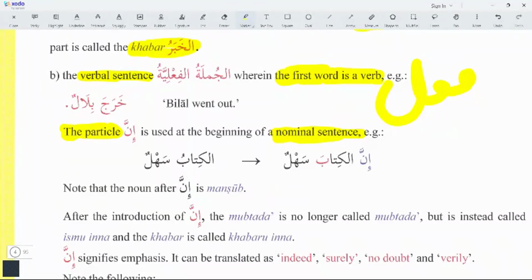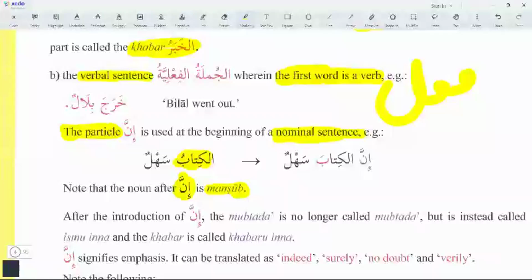Note that the noun after inna is mansoob. When we use this inna in the nominal sentence, then the noun will be mansoob. Like al-kitabu sahlun. Al-kitabu sahlun is a nominal sentence. So al-kitabu is mubtada.